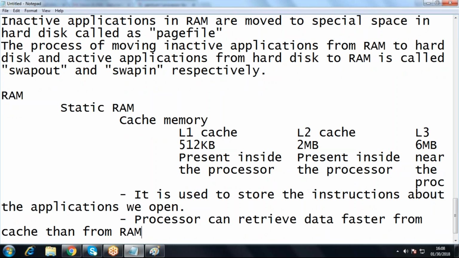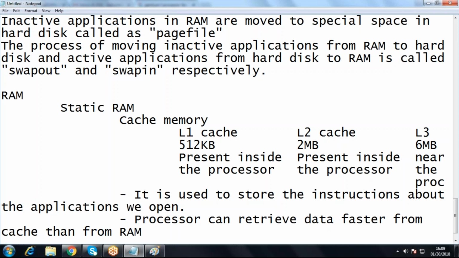Why is it like this? Compared to hard disk size, your RAM size is less, so you can get the data faster. Compared to RAM size, cache size is even less, so you can get the data even faster.